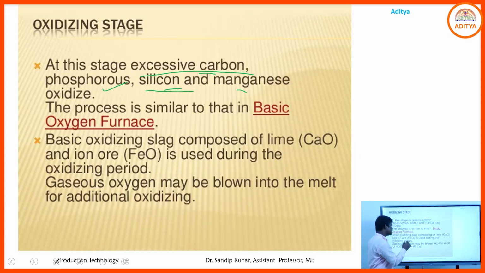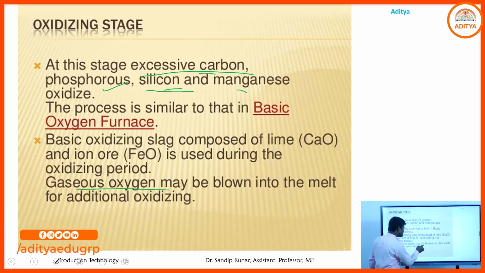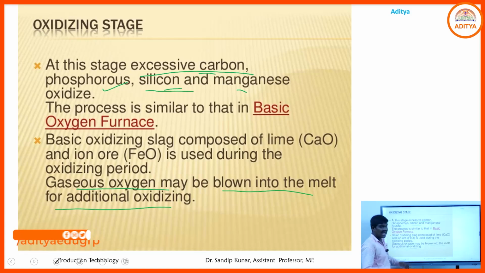So gaseous oxygen may be blown into the melt for additional oxidizing, and some oxides may be formed due to excessive carbon, phosphorus and silicon in the molten metal.